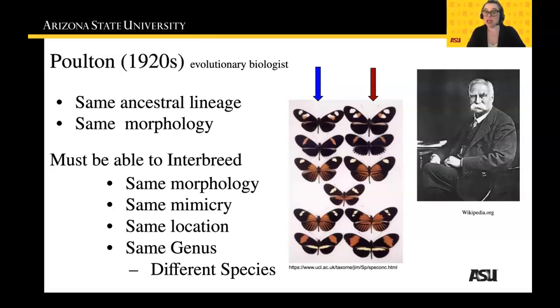The same location is where they're found. They even are part of the same genus, but they are different species. They both have mimicry, where they are imitating a poisonous species as a defense against predation, but they are actually two different species. So how is it that we could determine what makes a distinct species?